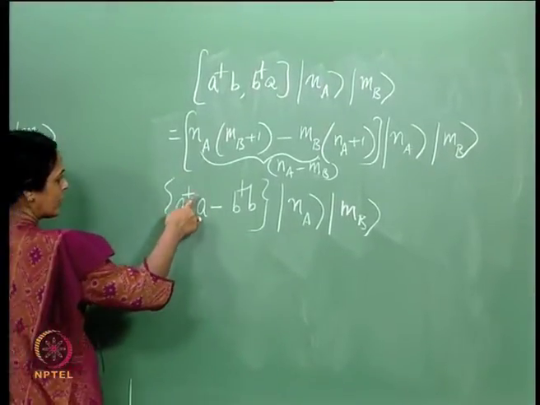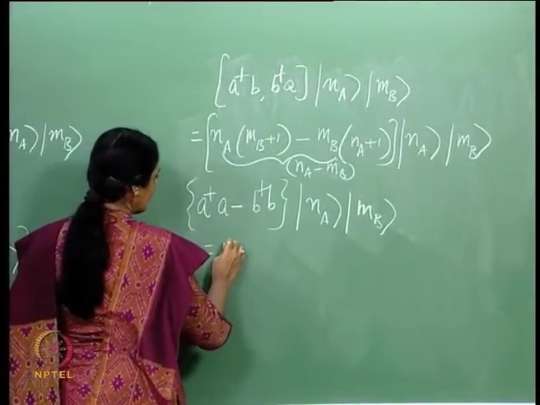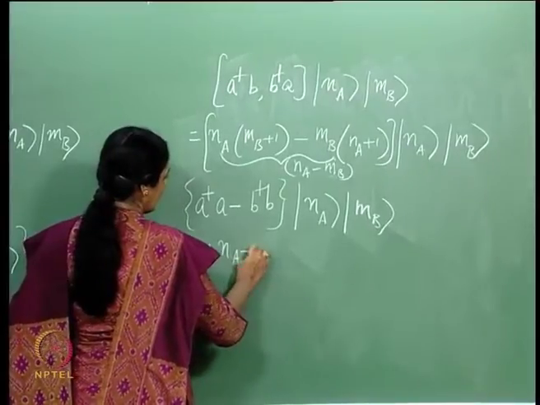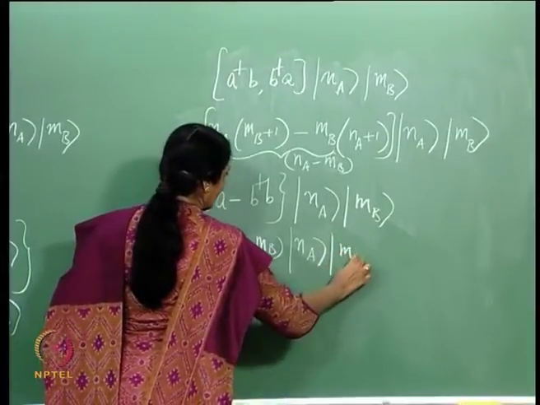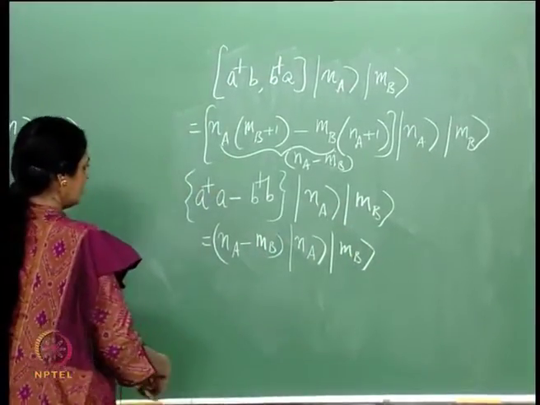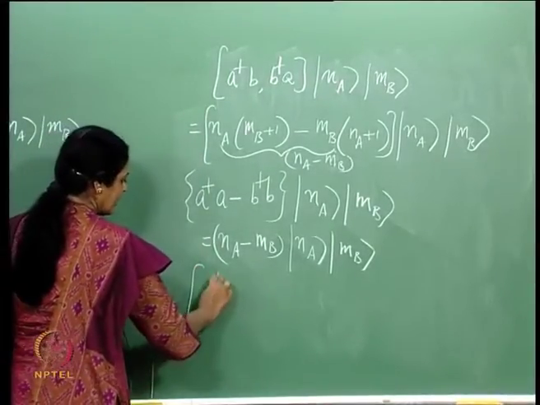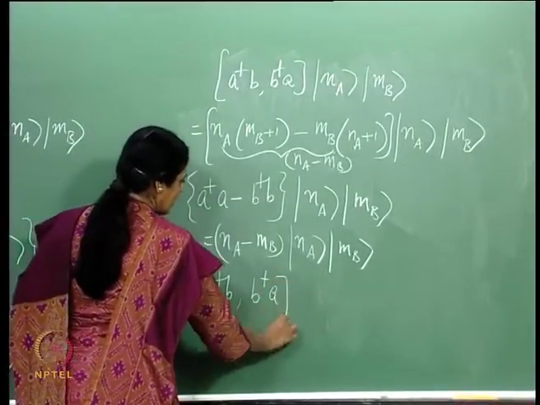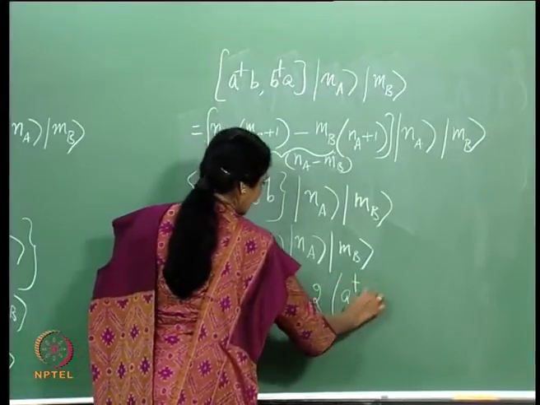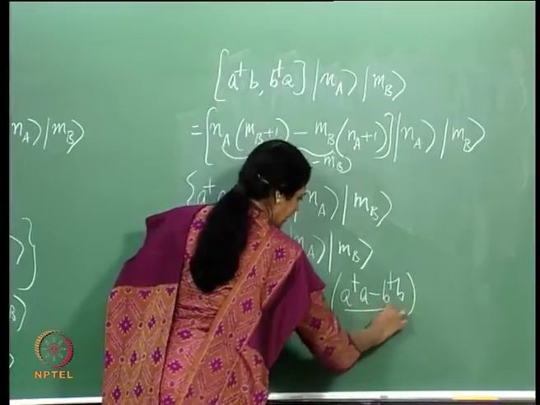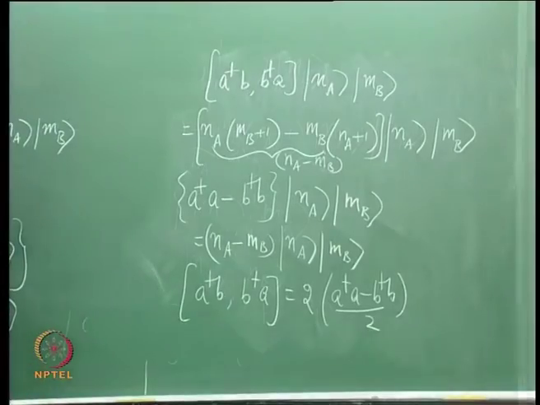So, this is simply Na minus Mb times Na Mb. So, indeed it looks like I have proved that A dagger B commutator with B dagger A is twice A dagger A minus B dagger B by 2. This is the relation that I have.